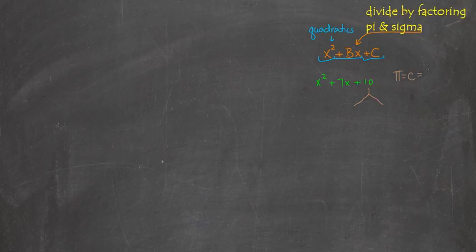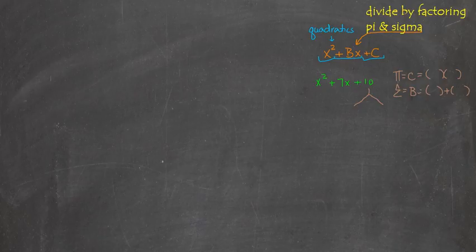Then the same two numbers you want to add, and this is a Greek capital sigma that stands for sum. I was taught with these letters, so these are the ones I use. And sigma has to equal b. So the same two numbers have to multiply to give you c, but add to give you b.